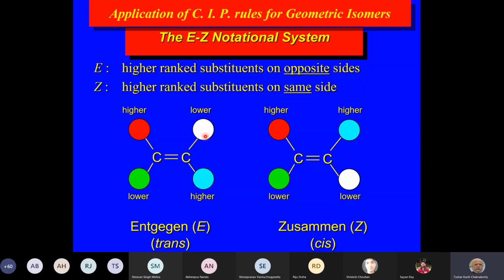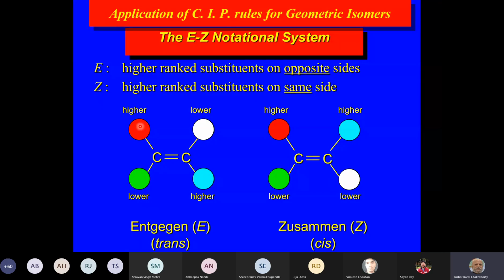And for the substituents of one of the carbons, you find out which one has a higher priority. So this carbon has two substituents. One is written in this kind of bluish color, and then you have a white one. So say this one is a higher priority, this one is a lower. And on the other carbon, it has a lower priority, and the red one has a higher priority.